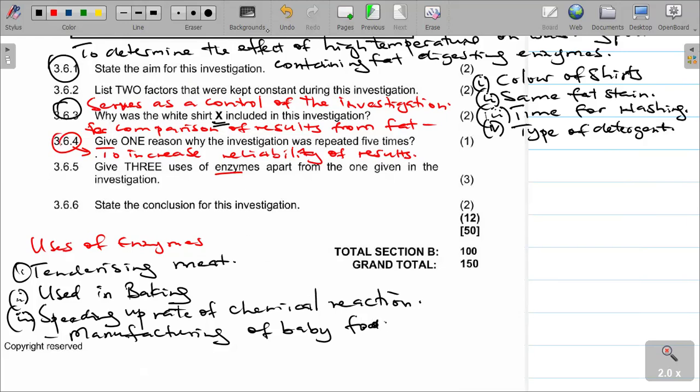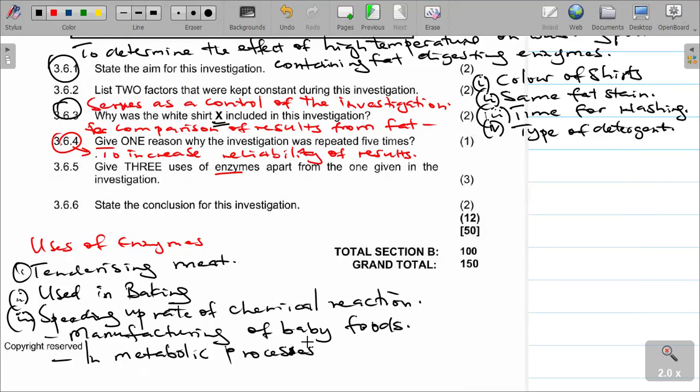Baby food is also manufactured using enzymes. They are also used in metabolic processes. We can give as many other uses as possible.